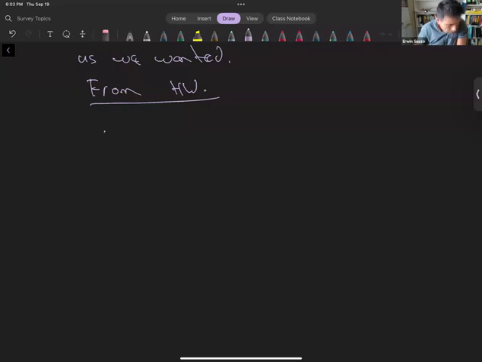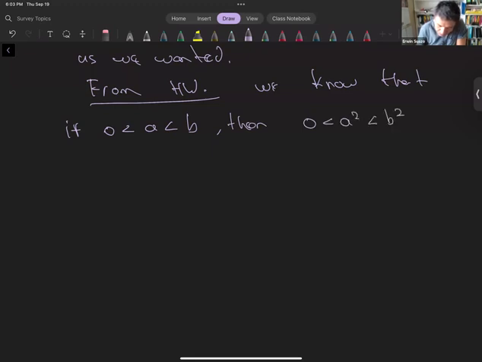From homework, we know that if 0 is between A and B, then 0 is less than A squared, and A squared is less than B squared, and 0 is less than the square root of A, and less than the square root of B. Okay?